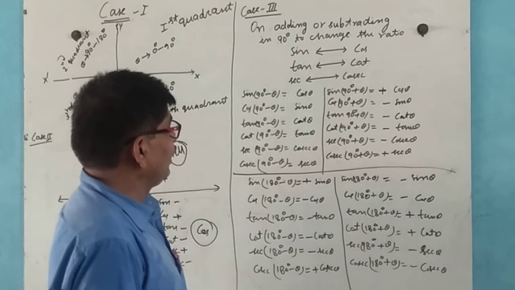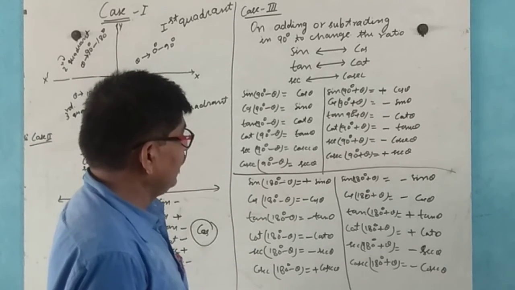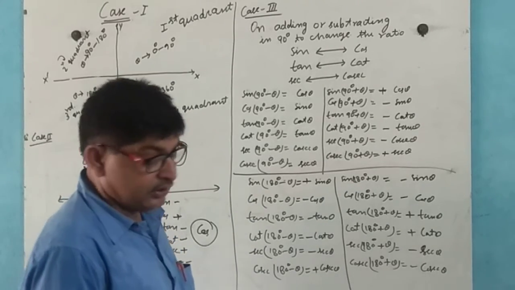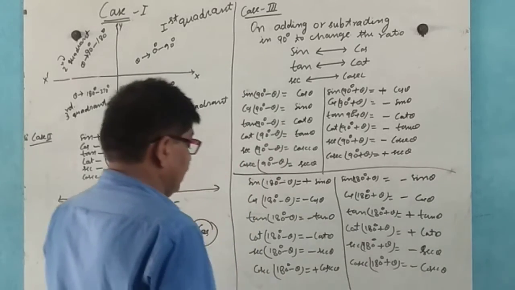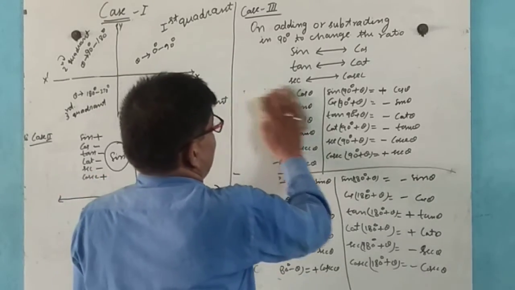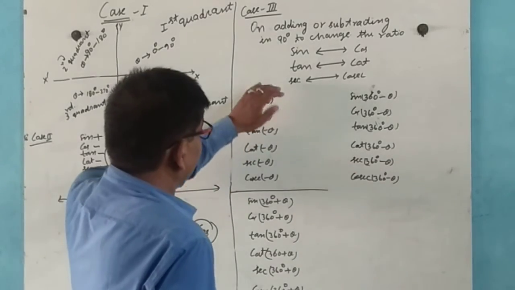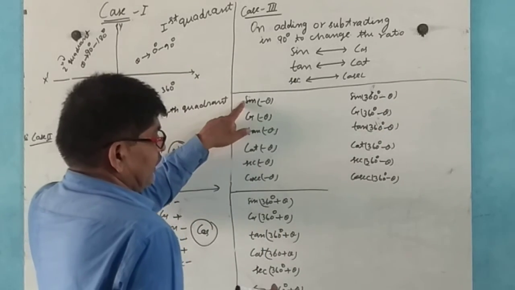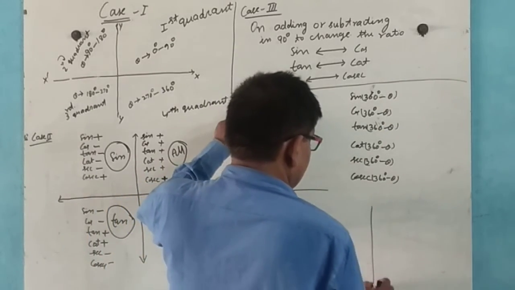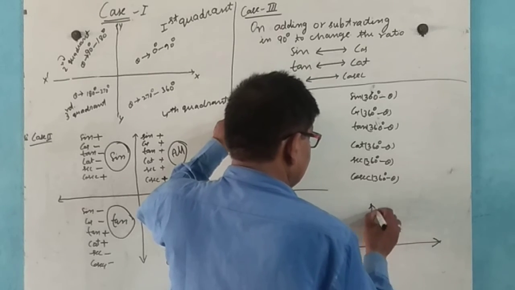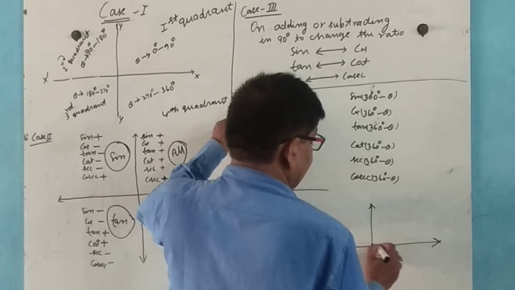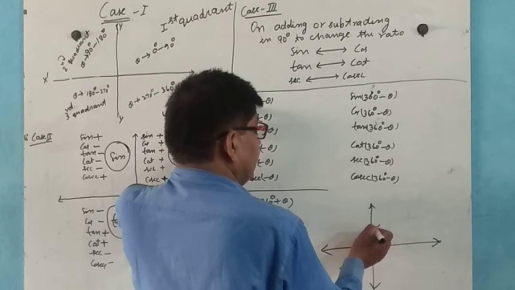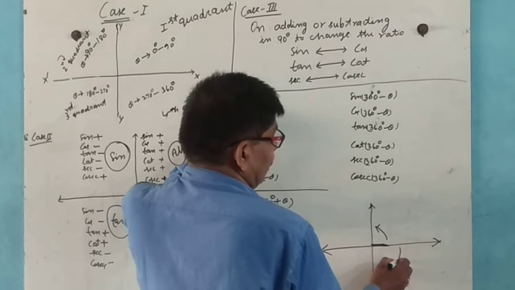the formulas sin 90 minus theta, 90 plus theta, 180 minus theta, 180 plus theta. Now we see such a type of problem, sin minus theta. This is our quadrant, this is our initial position, and this is anti-clockwise, and that is clockwise.